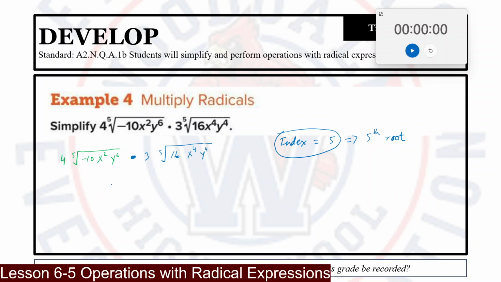What do we do here? Because this is multiplication and because the index is the same for both radicals, we can multiply the insides to the insides and the outsides to the outsides. I'm going to change my color here.